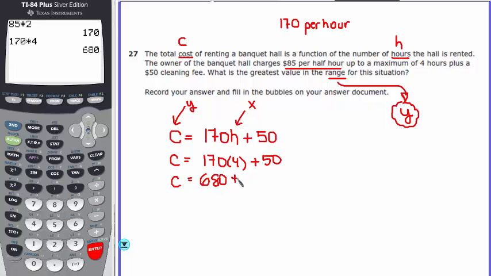I'm going to add 50. 680 plus 50 will be 730. So therefore the answer for this problem is 730. Okay, so let's go ahead and go on to the next question.